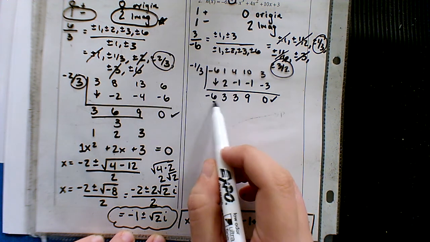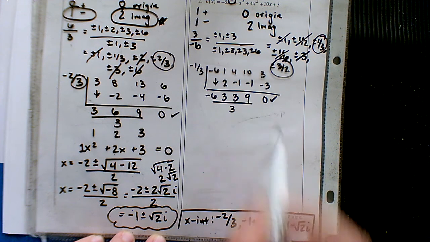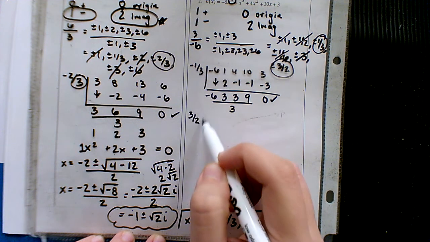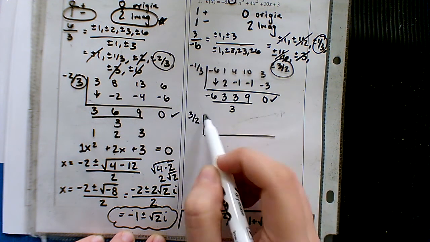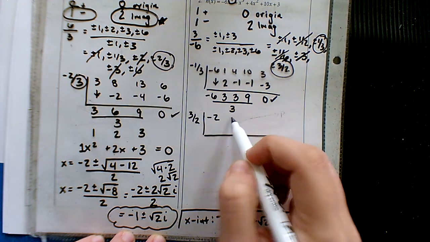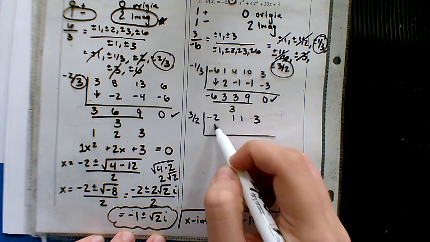We'll go ahead and divide our quotient by 3. That way when we test 3 over 2, we have some smaller values. If you forget to divide the quotient, that's completely okay. It'll still work out. You just might have larger numbers to work with. So don't feel like it's the end of the world if you can't remember to do that. So we'll have negative 2, 1, 1, and then 3.